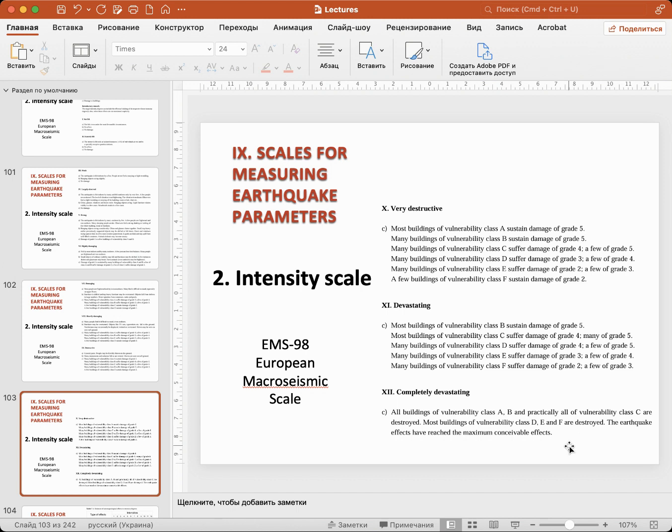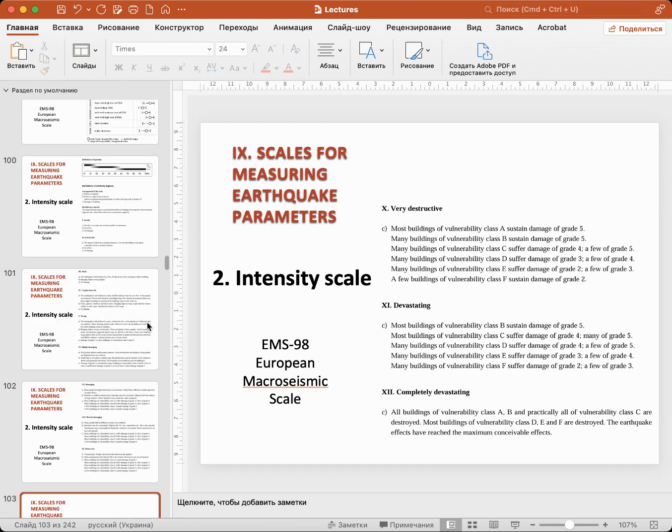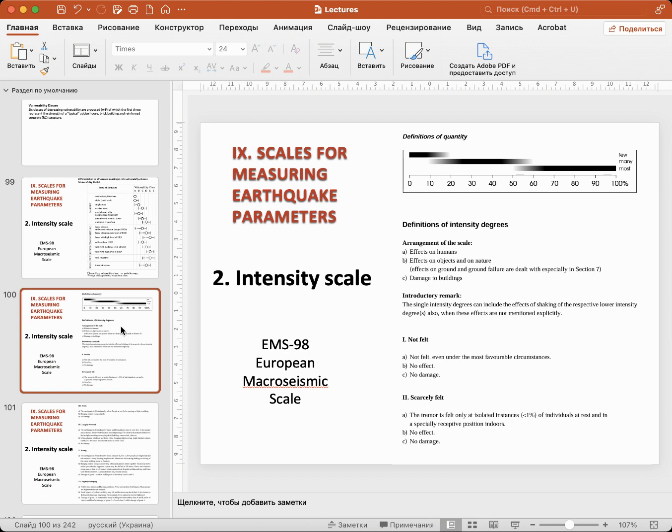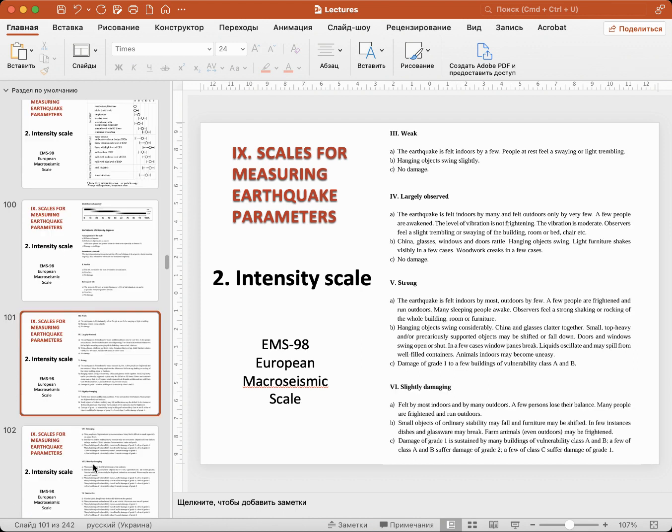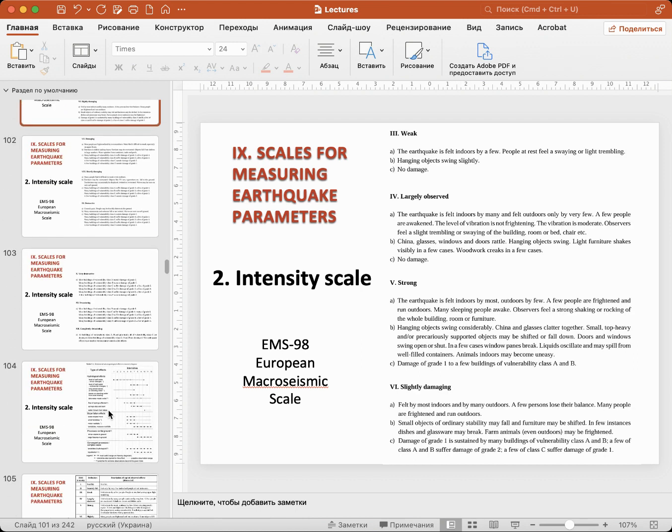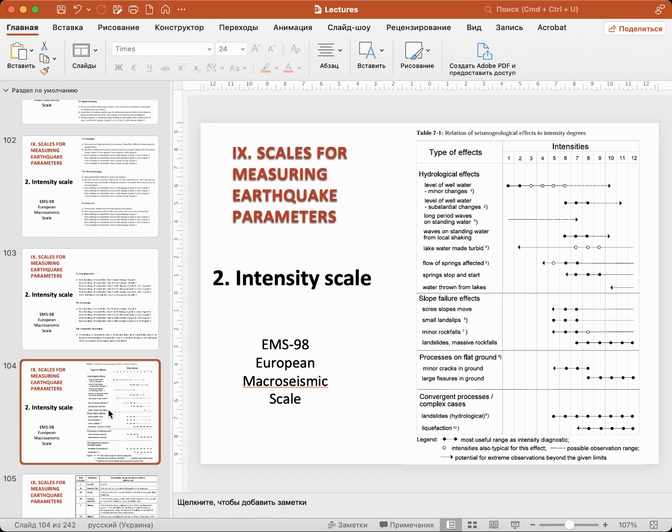The earthquake effects have reached the maximum conceivable effects. So when we talk about most, many, and few, we have to remember these definitions of quantity. So this is the EMS scale.